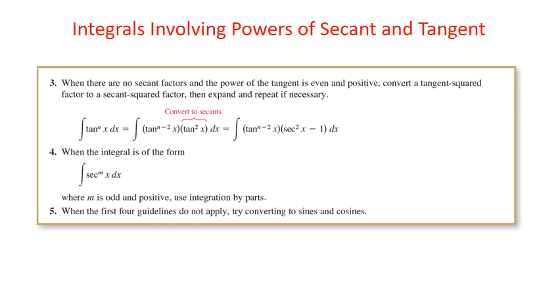So it kind of tells you some different things to take note of. When the first 4 guidelines do not apply, then try converting to sines and cosines. Okay, so let's go ahead and look at our first example that is in terms of secant and or tangent.